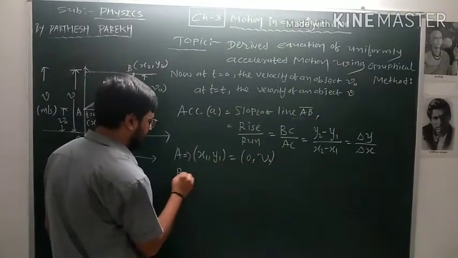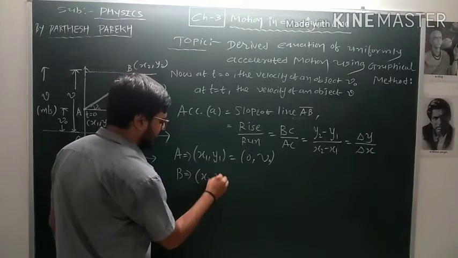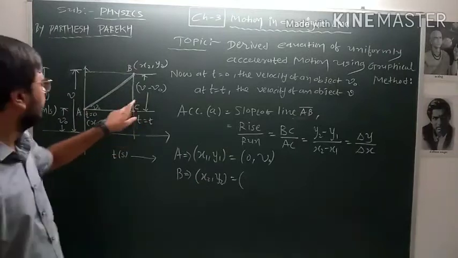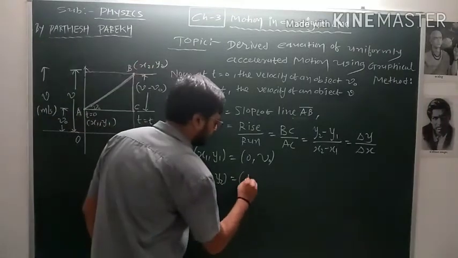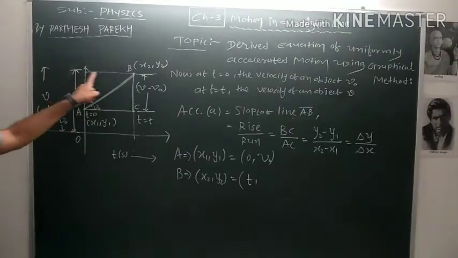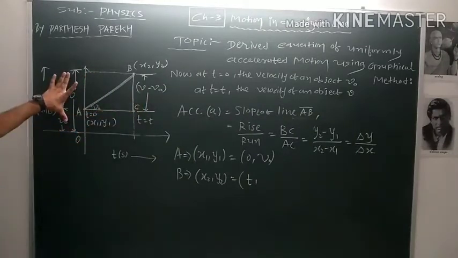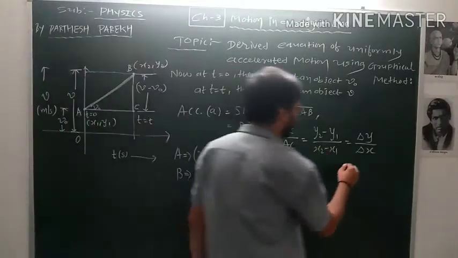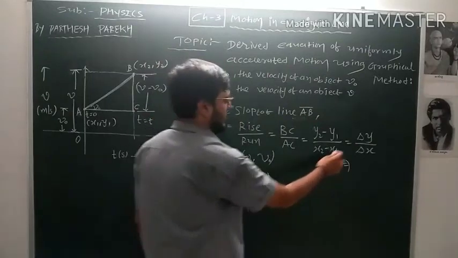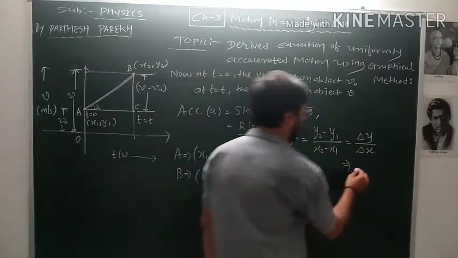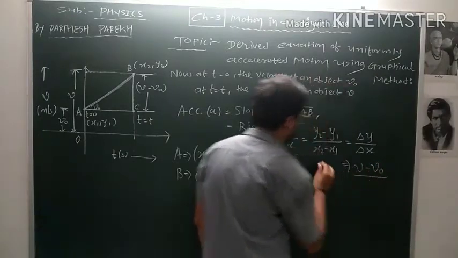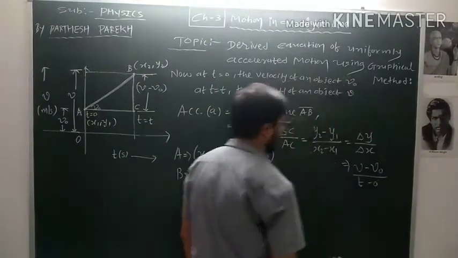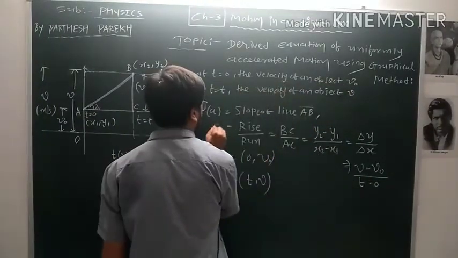At point B, x2 is the time t and y2 is the velocity v. We put these values in this equation. So finally we get y2 minus y1 as v minus v naught, and x2 minus x1 as t minus 0. So here we get the acceleration.